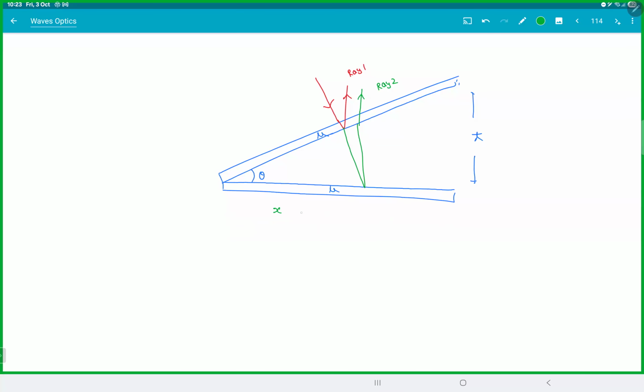So at a distance x from here, we take this distance to be x theta and x theta. Since theta is very small, you can assume the light rays are almost vertical. That is an approximation here. The rays can be assumed to be vertical. Since theta is small, you can treat them like arc lengths also.